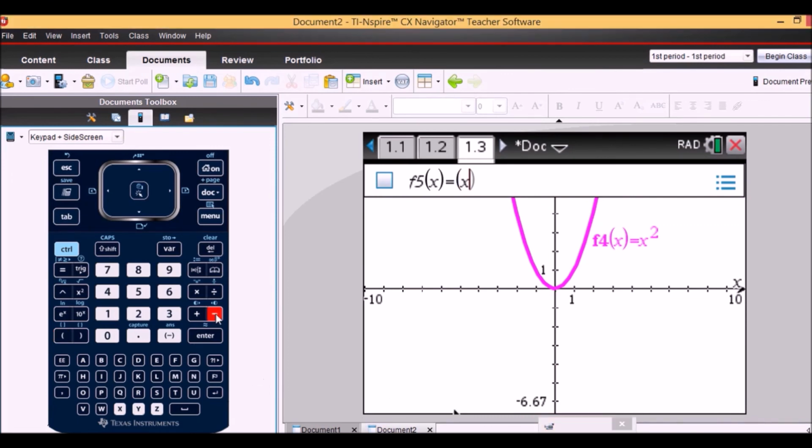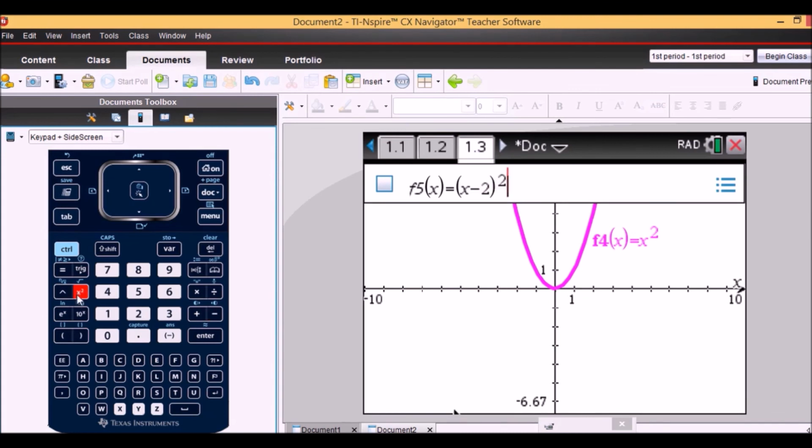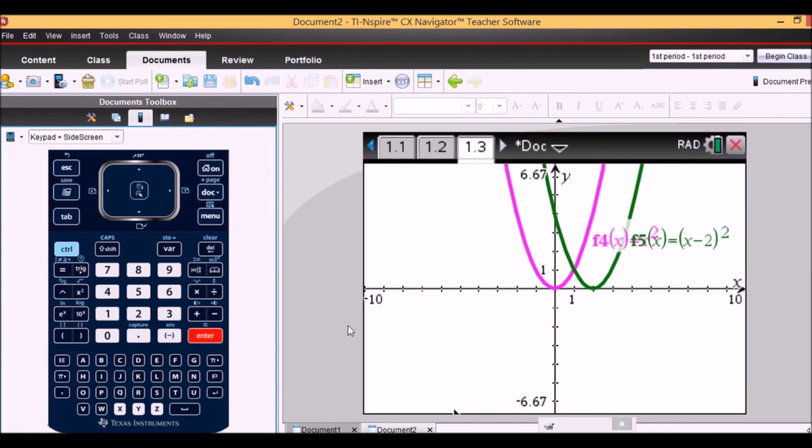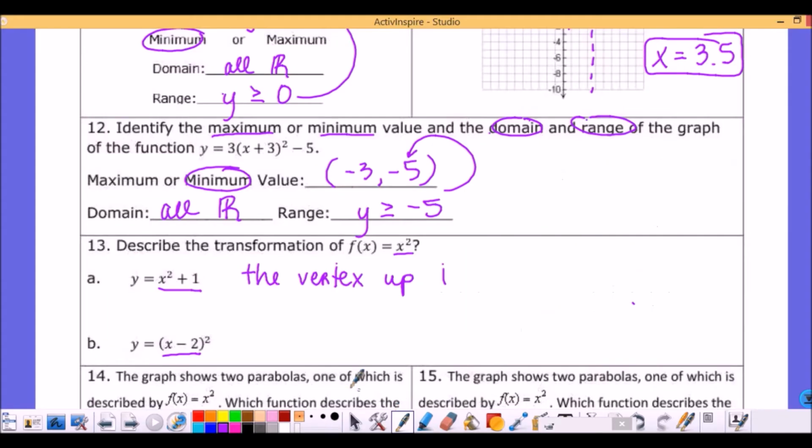So I'm going to type in x minus 2 in parentheses, squared. Now what do you think is going to happen? Is it going to go left 2 units, right 2 units, up 2 units, or down? That's right, it went right 2 units. Remember, if your x is on the inside, your x always lies. So even though it says minus 2, you're actually going to the right 2.